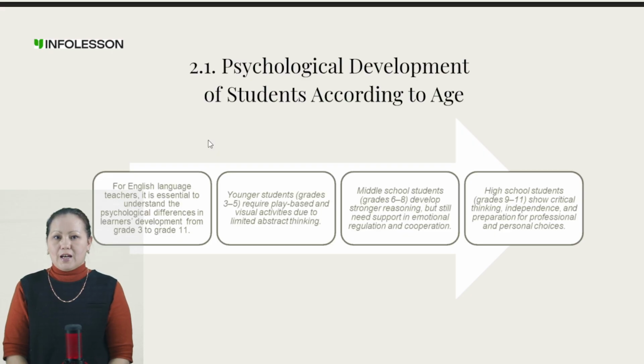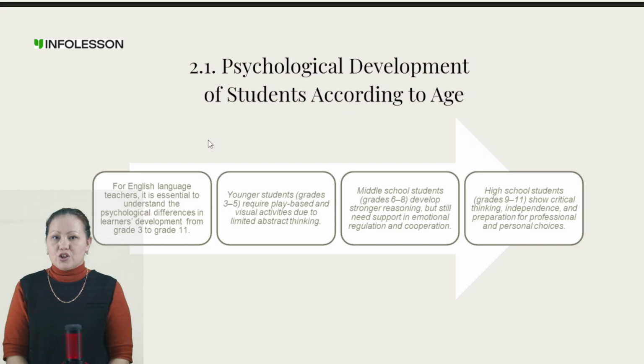The importance of psychological and pedagogical knowledge. The psychological and pedagogical model in teacher education is aimed at forming future teachers' ability to understand learners as developing personalities. It enables teachers to identify individual differences, recognize the social and emotional needs of each learner, and choose adequate teaching methods.